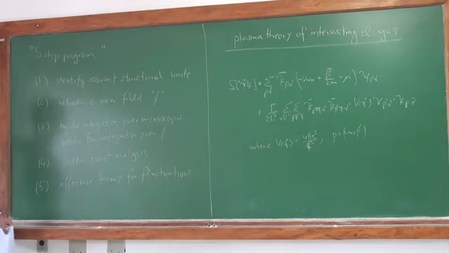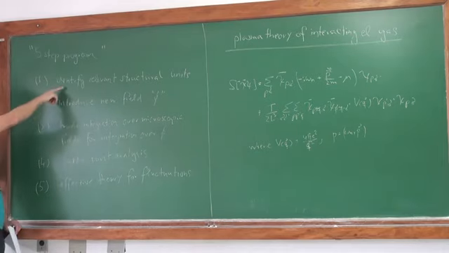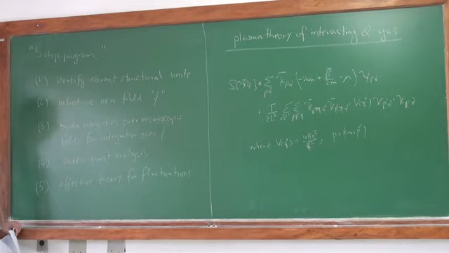The first point is to identify the relevant structural units. What is meant here is to do exactly what we have done so far in perturbation theory. It's always a good starting point to look diagrammatically at what is going on, and using the large parameter that we assume to have in the problem, we can identify certain classes of diagrams that will dominate. This can be due to phase space arguments like we encountered.